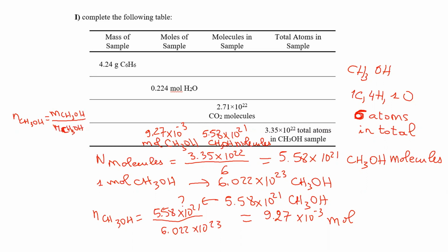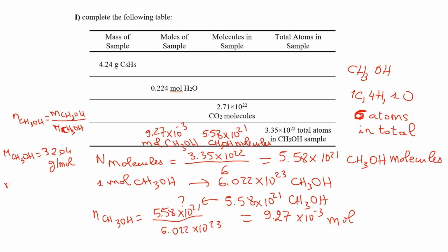Let's calculate the molar mass of methanol, CH3OH. We have 1 times the molar mass of carbon, 4 times the molar mass of hydrogen, and 1 times the molar mass of oxygen, and this is equal to 32.04 grams per mole.